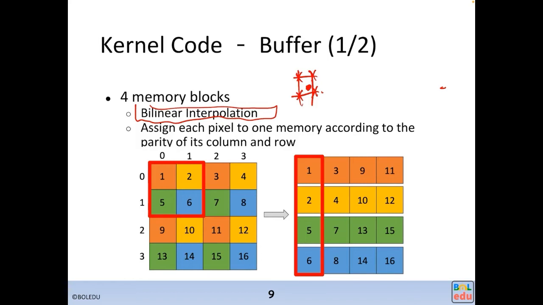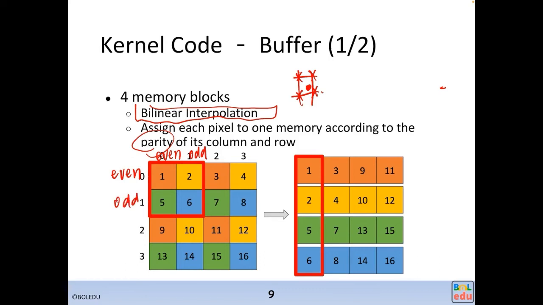So we assign each pixel to one memory according to the parity of its column and row. So this is in an even column, and this is an odd column, and this is an even row, this is in an odd row.